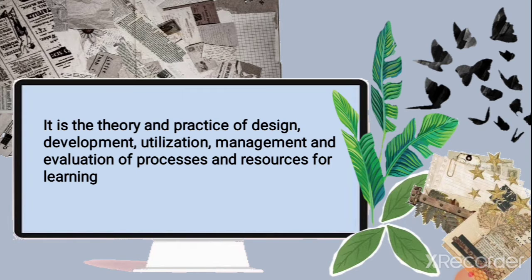Educational technology is the theory and practice of design, development, utilization, management, and evaluation of processes and resources for learning. Educational technology is the practice of designing, developing, implementing, and evaluating the educational technology and learning materials in order to enhance teaching and learning.